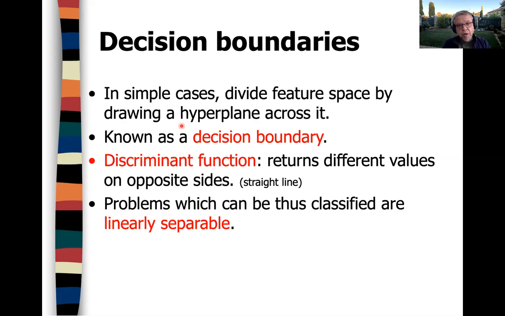So we've seen a number of activation functions. Now, before we go to the learning rule, let's look at the decision boundaries. In simple cases, you divide the feature space by drawing a hyperplane across it.